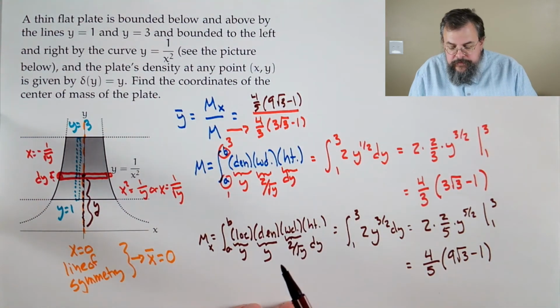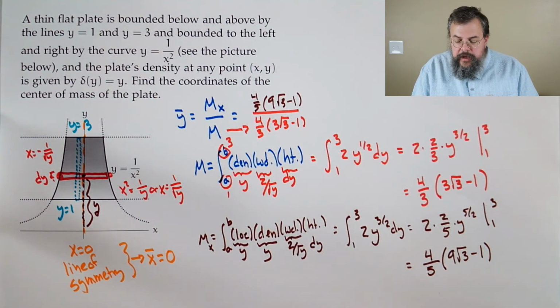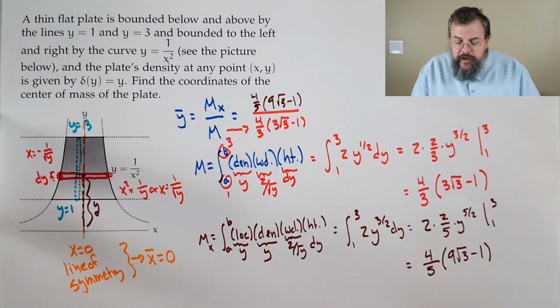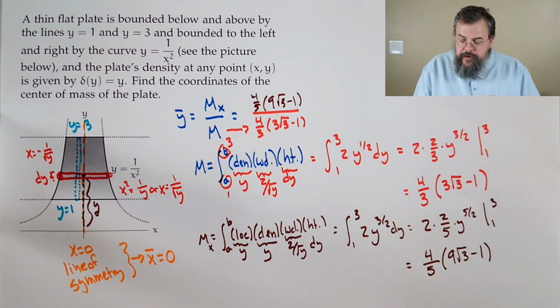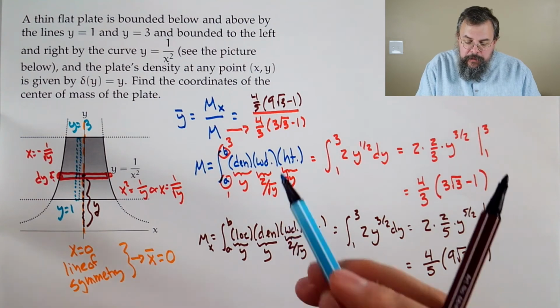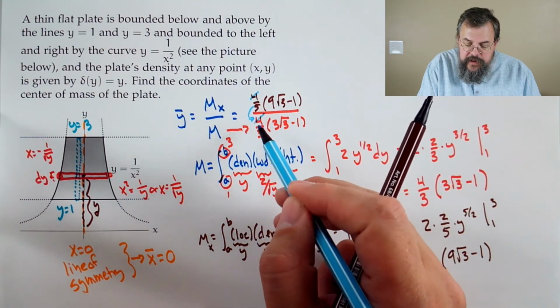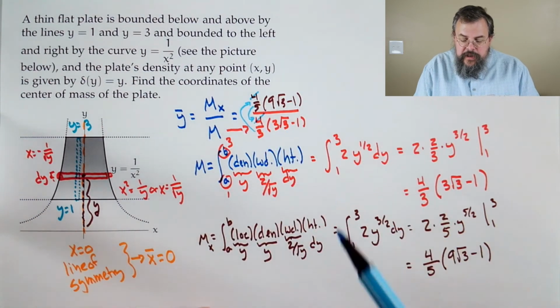Well, can we do anything? Not really. It is what it is. And maybe it's not the prettiest looking thing. There is a small thing we can do. You'll notice that the 4's are in good shape. We can actually cancel the 4's. And this 5 you can move downstairs, and this 3 you can move upstairs.